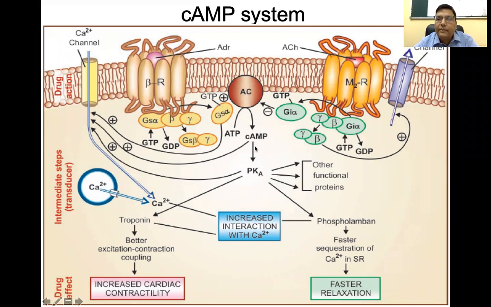The cyclic AMP level decreases. So this whole chain reaction decreases, and there is inhibition of the contraction of the muscle. That is how the G inhibitory protein acts.